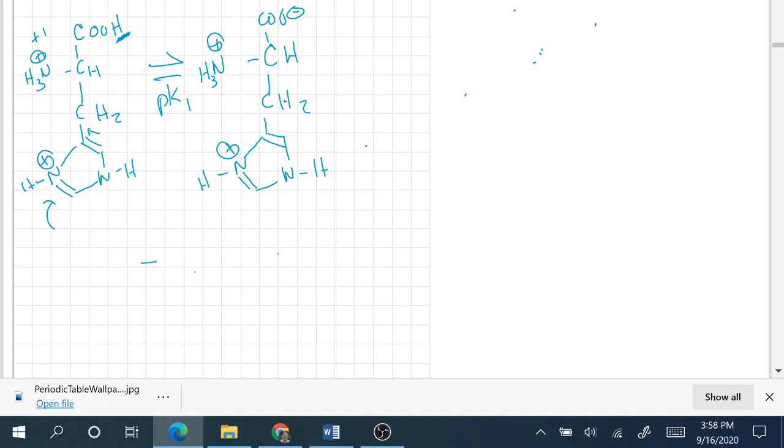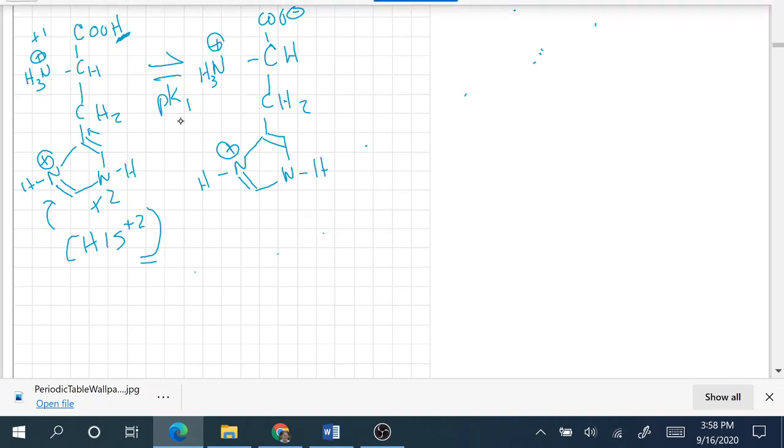So that's going to give us a +2 species. So we'll call this HIS for histidine +2. Now our next species has a +1 in the ring, +1 on the alpha amine, and -1 on the carboxylate. So the carboxylate and the alpha amine cancel each other out, and there's +1 in the ring, so this is going to be His +1.